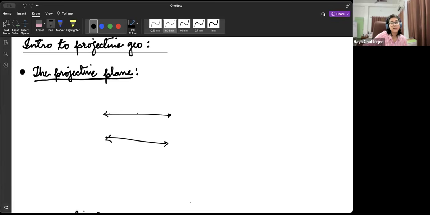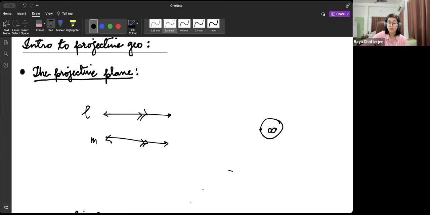But in the projective plane, we say that if we have two parallel lines L and M, then they will intersect at a point called infinity. And it's not just that parallel lines intersect at infinity; we are going to strongly use this point at infinity in our computations of cross ratios. So this is a very prominent thing that's going on.